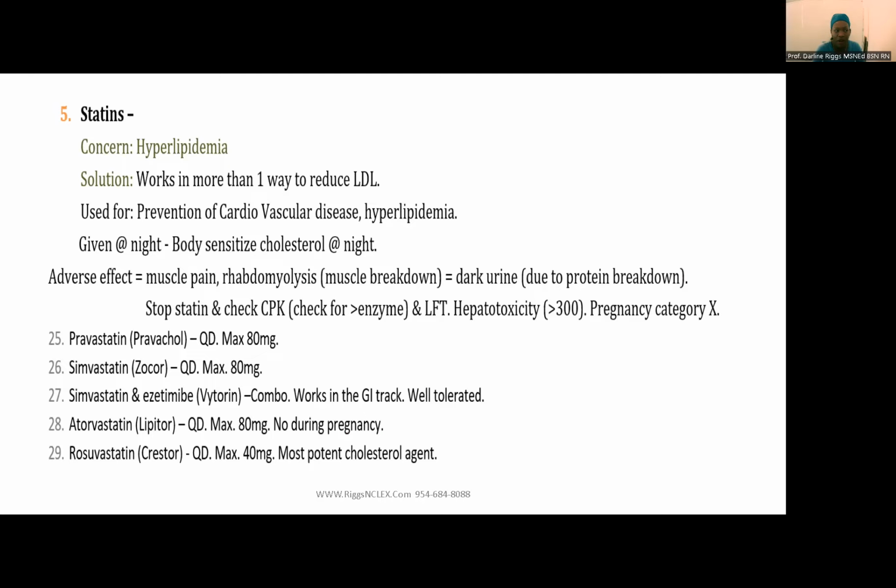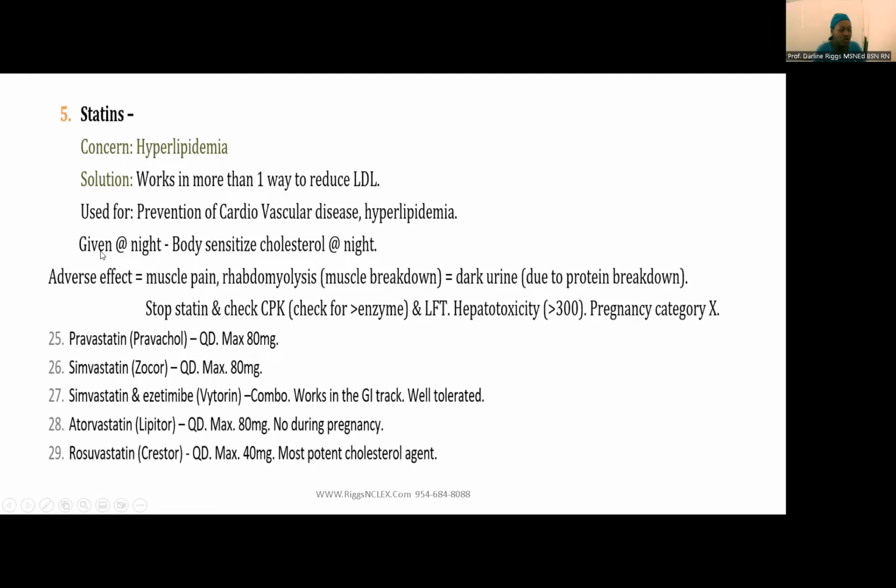So of course we're targeting the LDL, the lousy, the bad cholesterol, because they're the ones who attach, right, to the wall, and they accumulate, and they block the way so that blood cannot continue to go to the other side. So great use for preventative measures to prevent some of the cardiovascular diseases we've talked about already. Great to lower the LDL, the hyperlipidemia.